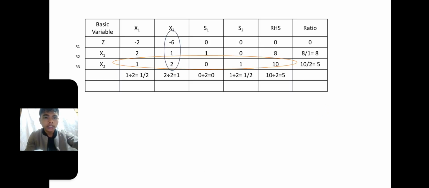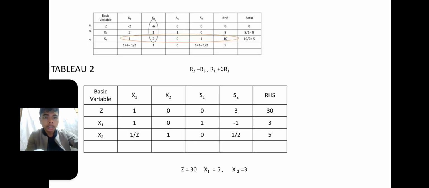In the key column, it should already be 0 because you always subtract, add and multiply in that row. So it's always 0. In table 2, I already put the variables in.